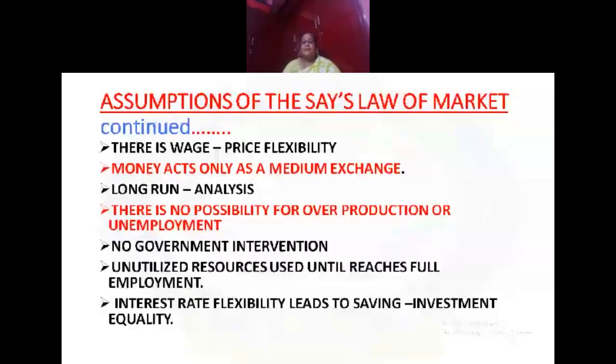It will vary from season to season, time to time, and according to the situation of the country, right? So there is no possibility for overproduction or unemployment. This is also not applicable. He is assuming that if all these things are there, then Say's law is applicable. Okay, and he says no government intervention.